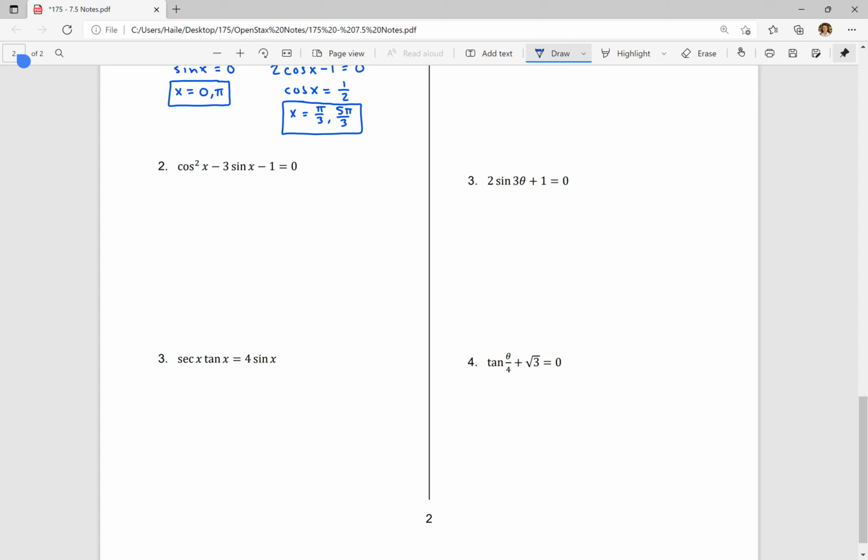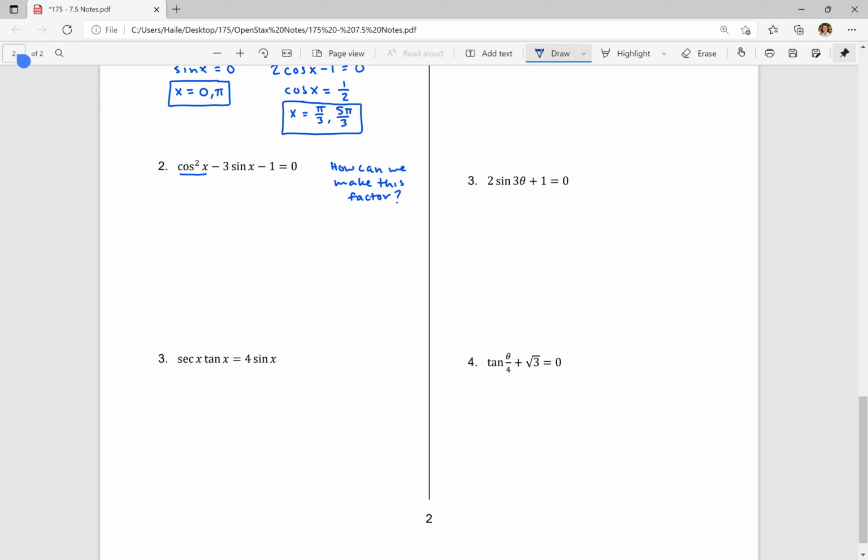So we want to think to ourselves, how can we make this factor? And if you're thinking that we want to get everything in terms of sine, that's probably a good idea. So we want to get rid of this cosine squared of x and turn it into something with sine in it. Okay? So let's think about how we can do that.